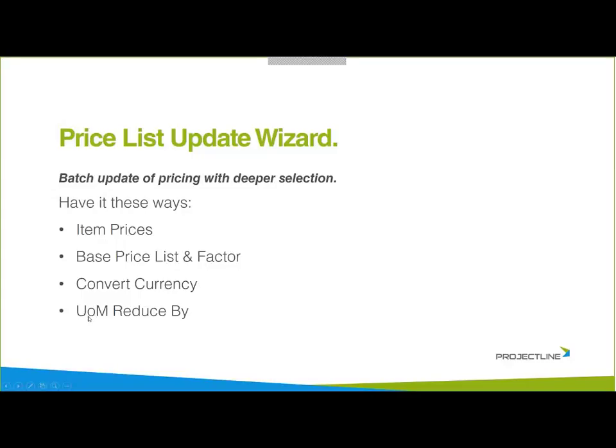And in cases where you have unit of measure specific price lists, this will probably make sense only to those who use them. In a unit of measure specific price list, you'll typically specify that if I sell 1 of this item, it's this price. If I sell 12 of this item, we reduce the price by 5%. This particular function of the price list update wizard allows you to adjust that reduce by percentage, essentially.